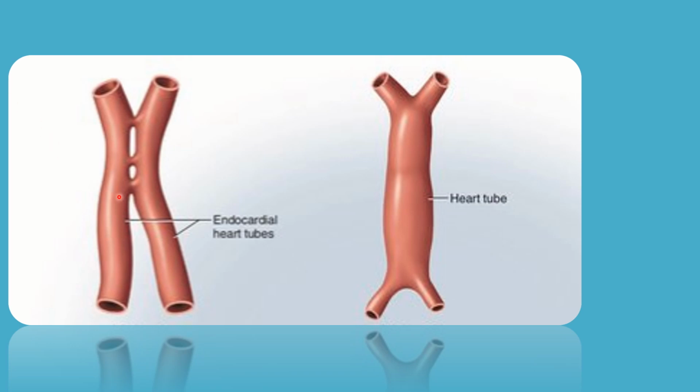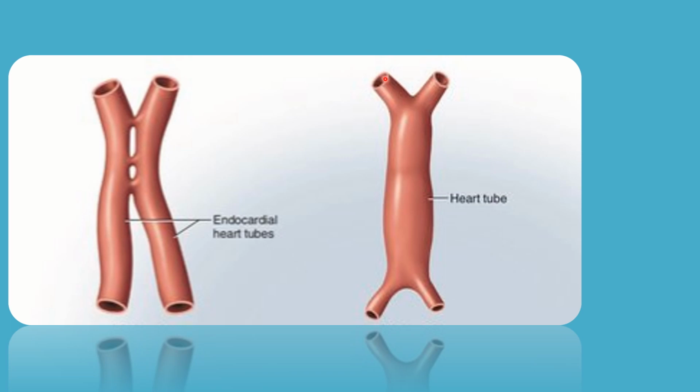Now these two endothelial tubes fuse and form a single tube that becomes the primitive heart. The primitive heart has a cranial end and a caudal end. The cranial end forms the first aortic arch.